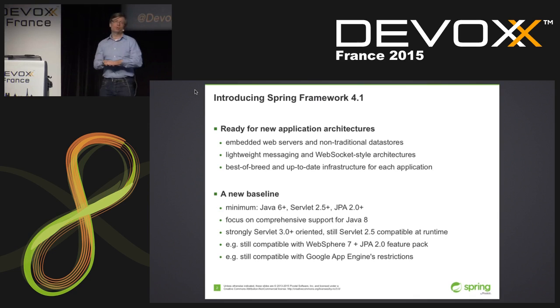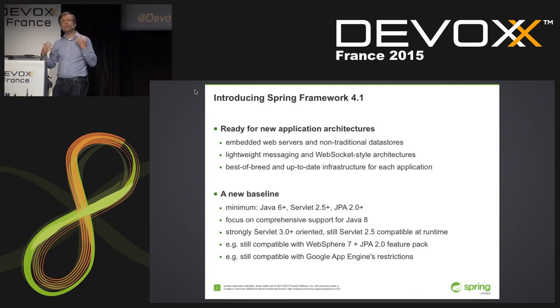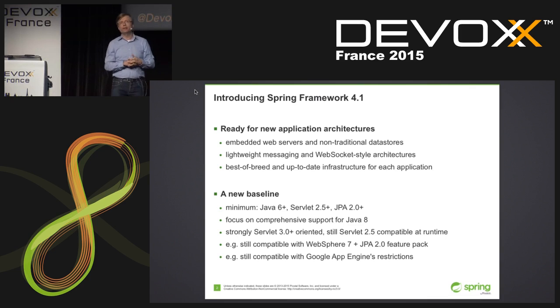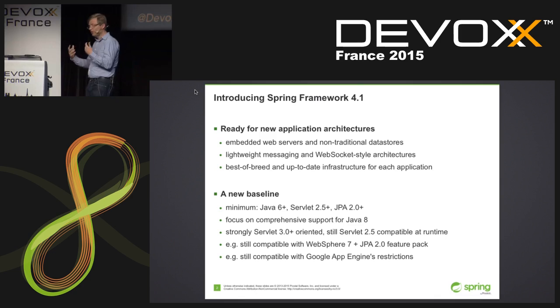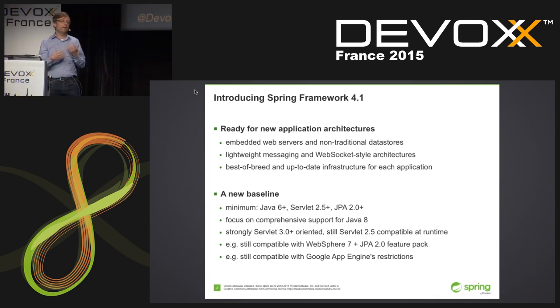Well, maybe it's not your choice, right? Maybe you're deploying to a data center environment. This is a strong part behind the Spring Framework story. Spring adapts to your runtime environment. It adapts to your application architecture as well, right? Your vision, your understanding of how your application is best structured for your purposes.